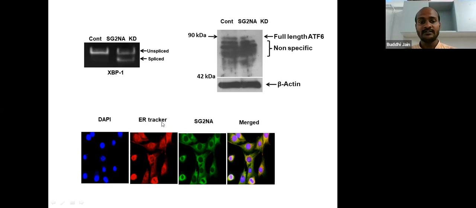For that we used the tracker dye for the endoplasmic reticulum, and immunocytochemistry for Ag2Na. The merged image shows that Ag2Na is also localized in the endoplasmic reticulum. So up to this point we are confirmed that depletion or knockdown of Ag2Na induces the ER stress and activates the UPR signal.